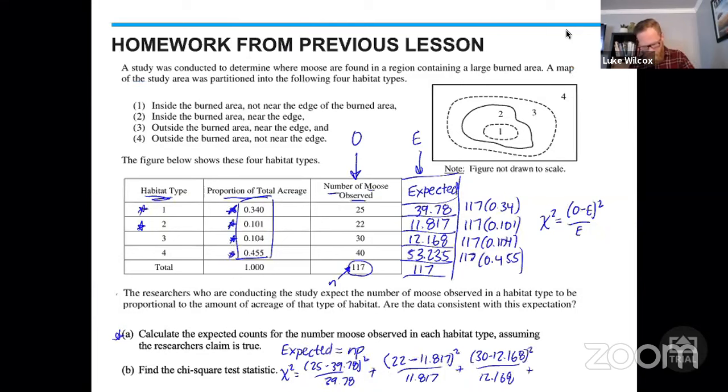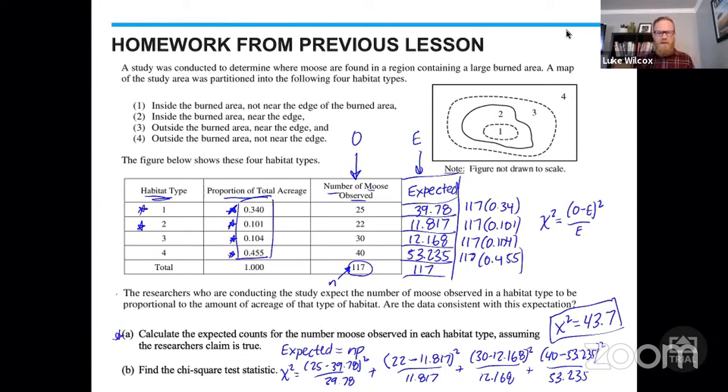And the fourth, where we had 40 observed moose, and we expected 53.235. And you're going to have to put that whole mess into your calculator. And I'm going to give you the final answer here for chi-squared is about 43.7 as the chi-squared test statistic there. So hopefully you did all right on the homework problem there.